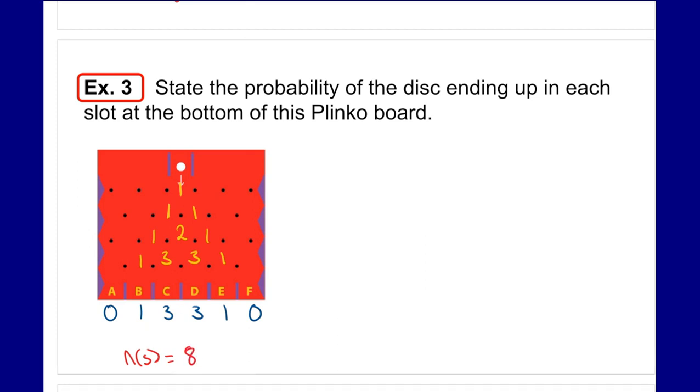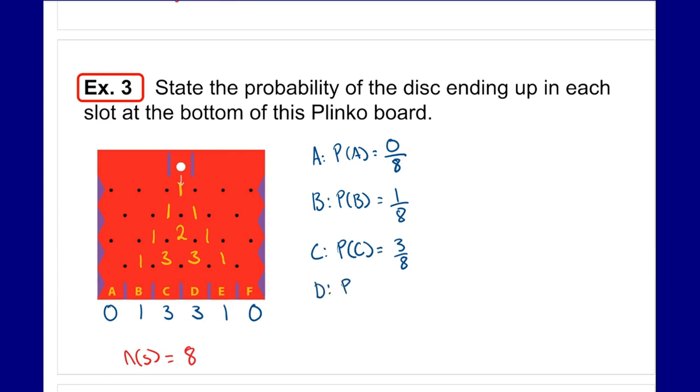So now when I look at each scenario, if I want to find out how many ways to get to slot A, or prize A, you could say the probability to get to A is 0 out of 8, or a 0% chance. To get to B, the probability is 1 out of 8. C is 3 out of 8.